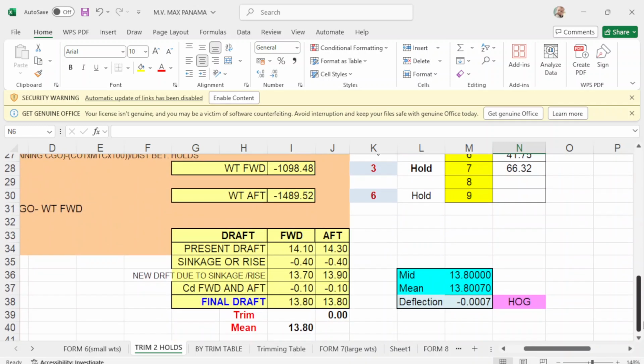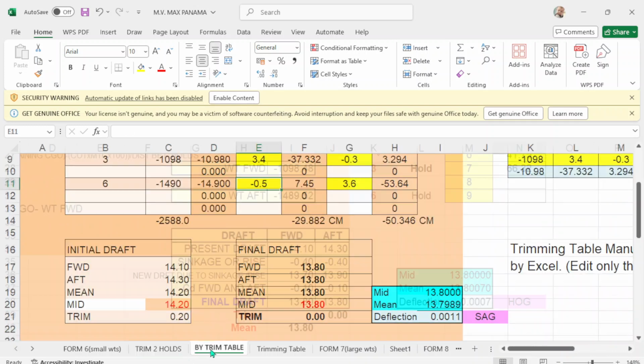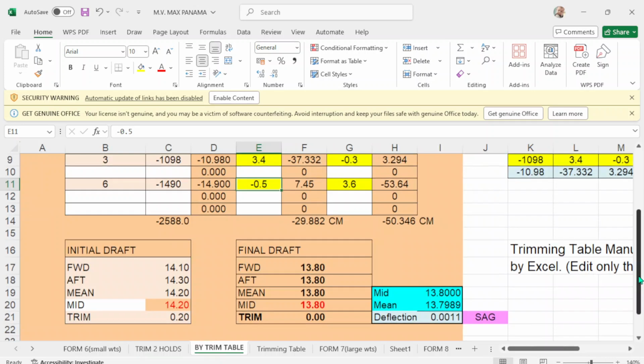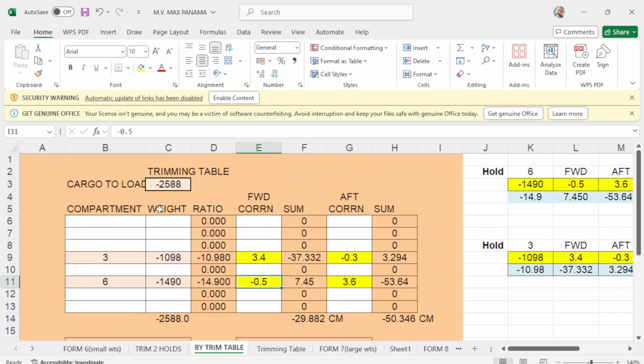You have even keel here, and we go by the trim table. Okay, trim table, take note that we have already here the discharge cargo of 2,588. Number 3 hold, you discharge negative 1098, and 6, you discharge 1490.